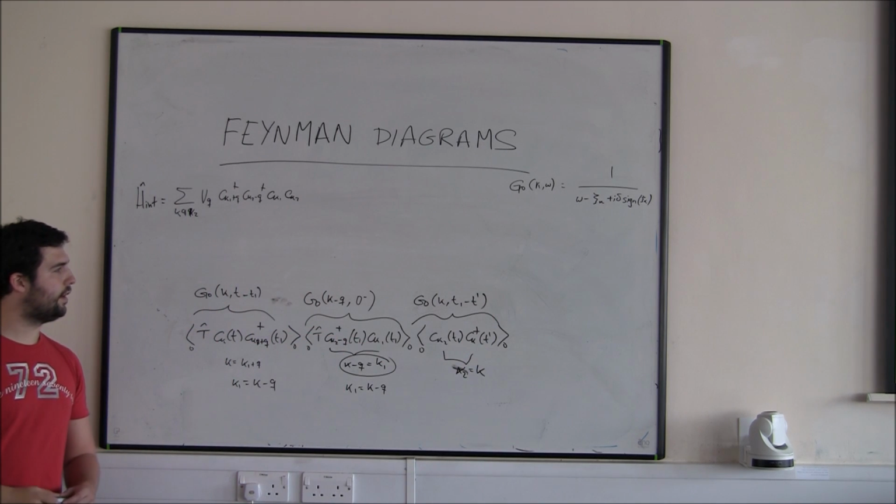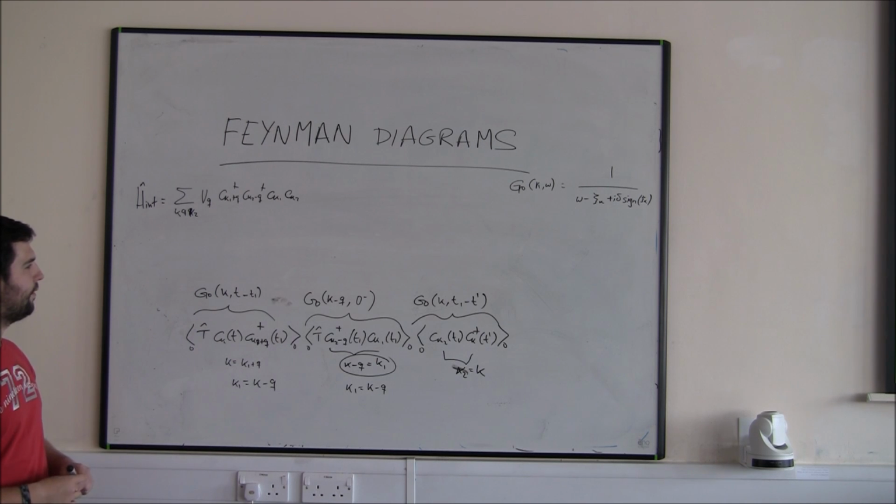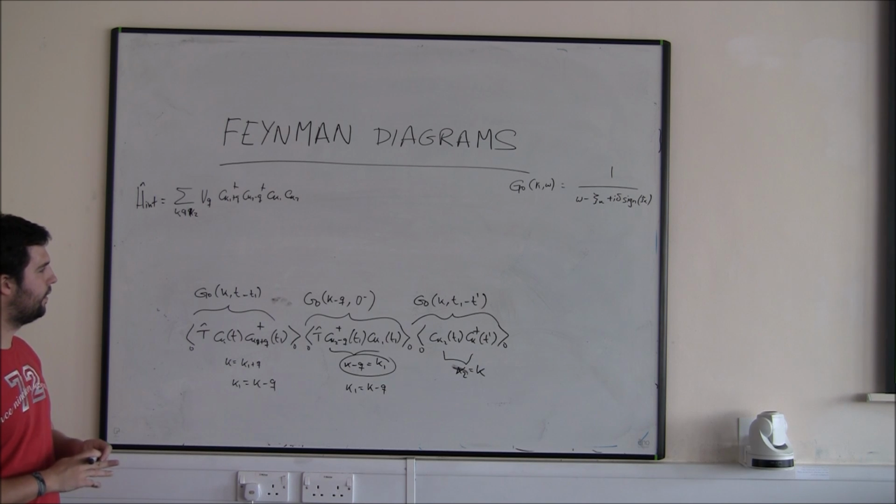Okay, but more importantly, we can represent that as a Feynman diagram, where we have the following thing.